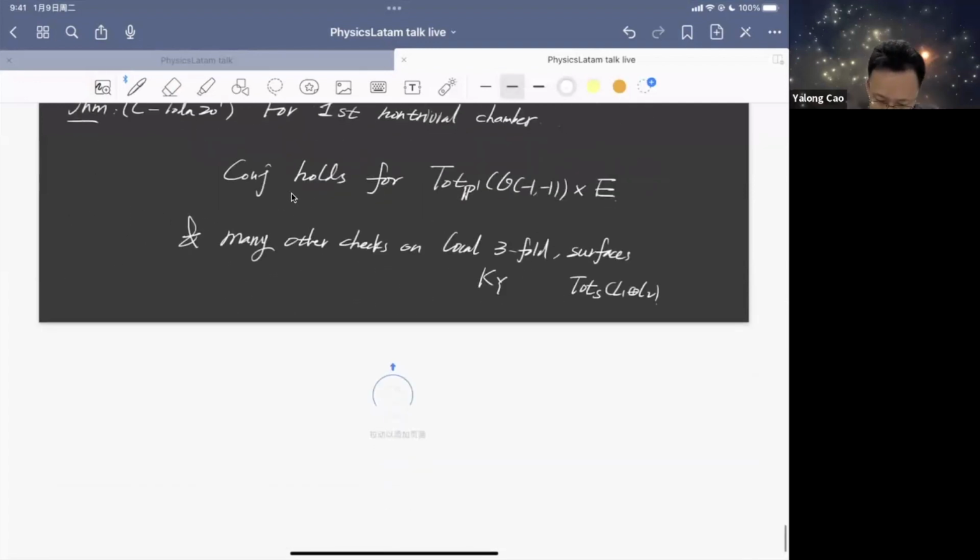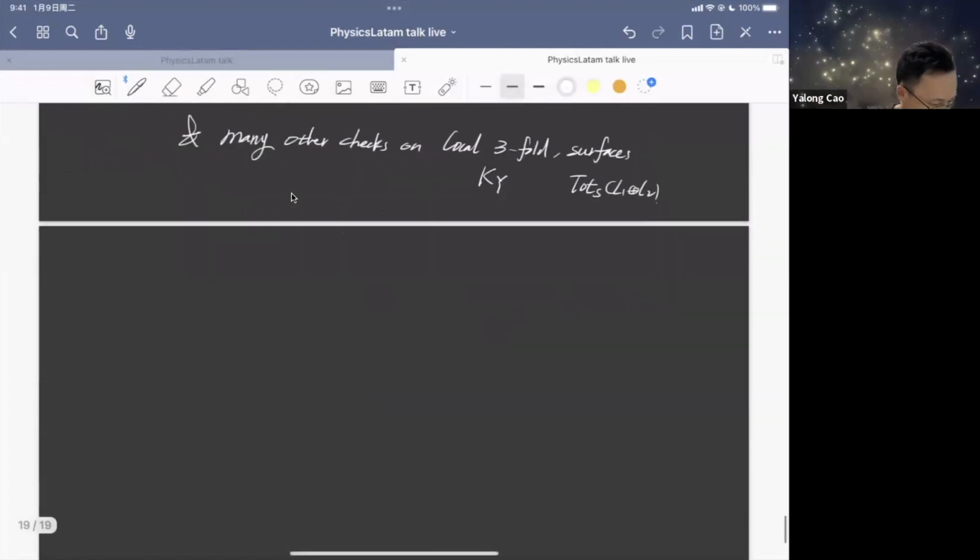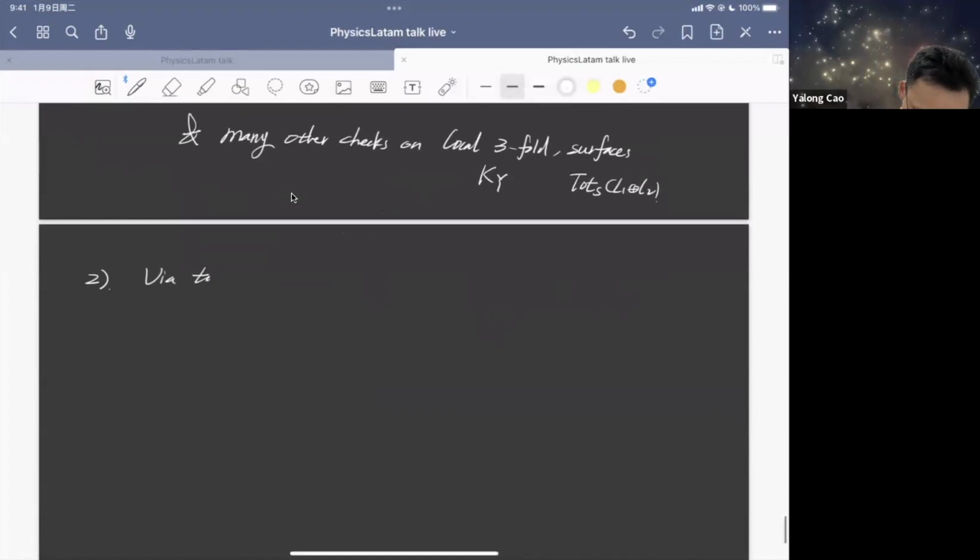So this is the first perspective. The second perspective is that you can understand previous conjectures via so-called torus localization, or the so-called topological vertex. The main thing is about so-called toric Calabi-Yau fourfolds.